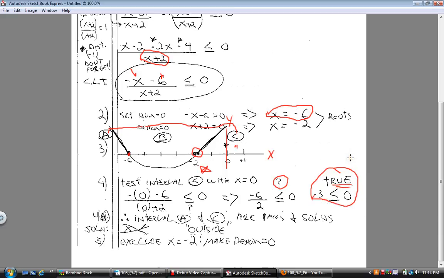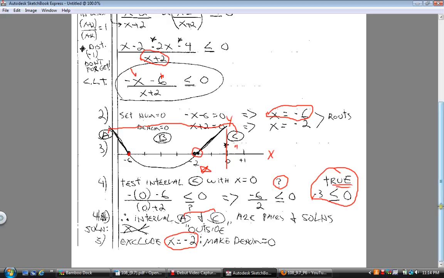So you've got a true statement. Therefore, interval C is your solution along with A. We can make that conclusion because they are pairs. Now we simply need to figure out the solutions and write our set notation. We must always remember we have the restriction that x cannot equal -2 because it will make the denominator equal to 0.